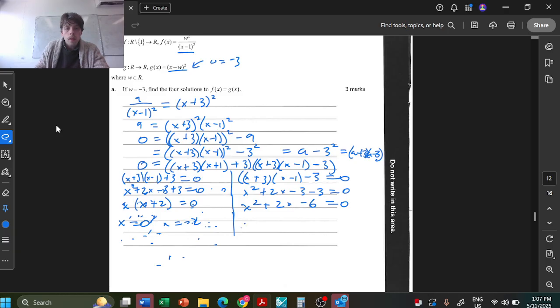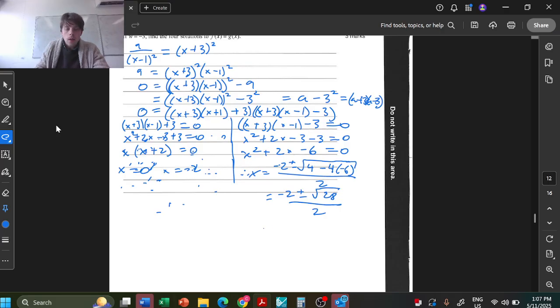Apply the quadratic formula. Therefore, x is equal to negative b, so negative 2 plus or minus the square root of 2 squared, 4, minus 4ac, negative 6. No square roots of negative numbers, please. Okay, so that's going to give us negative 2 plus or minus the square root of 4 minus 24, which is negative, so 4 plus 24, which gives us the square root of 28 over 2.